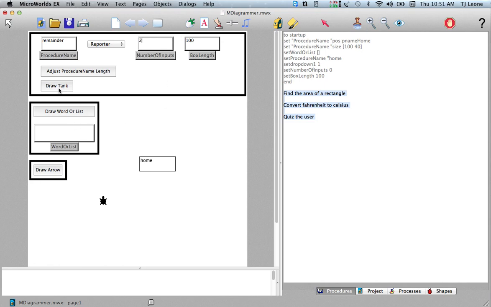It outputs a number. So let's draw that tank. Remainder takes 2 numbers as inputs into these guys. We'll call these hoppers. So there are 2 hoppers for remainder because it has 2 inputs, and it has 1 output. It outputs a number.